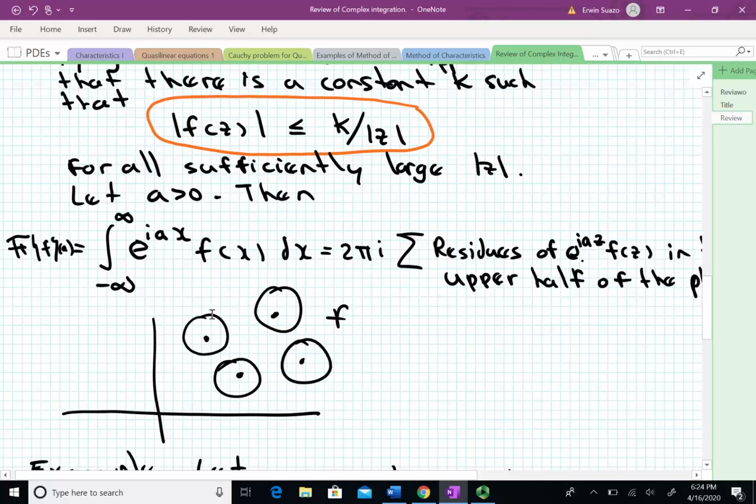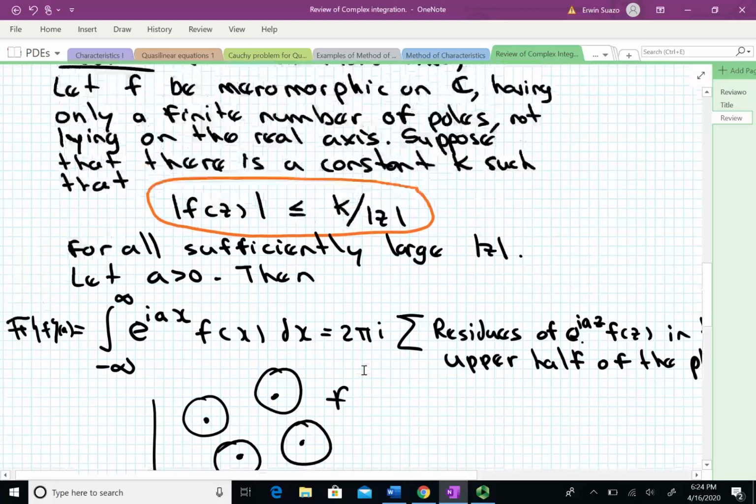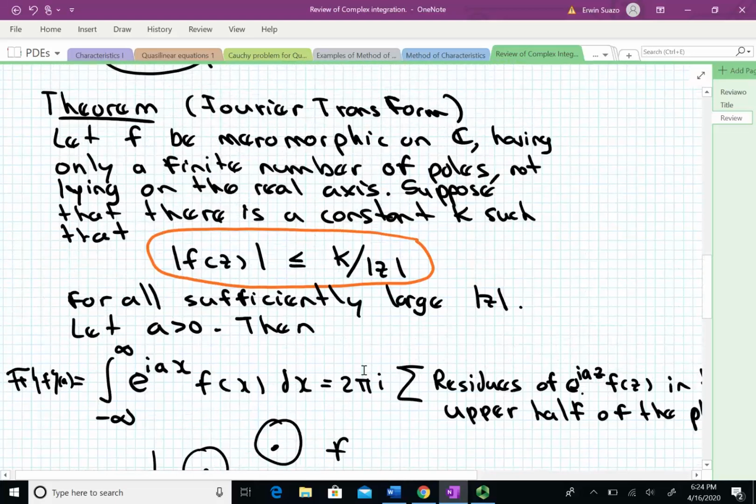You can surround them with circles because they are separated, since you have a finite number. Suppose that there is a constant such that the function can be bounded like this. This is fundamental: your function just cannot be any function. It's like the Laplace transform, it has to be bounded by an exponential. For the Fourier transform, the function has to be bounded by this kind of thing.